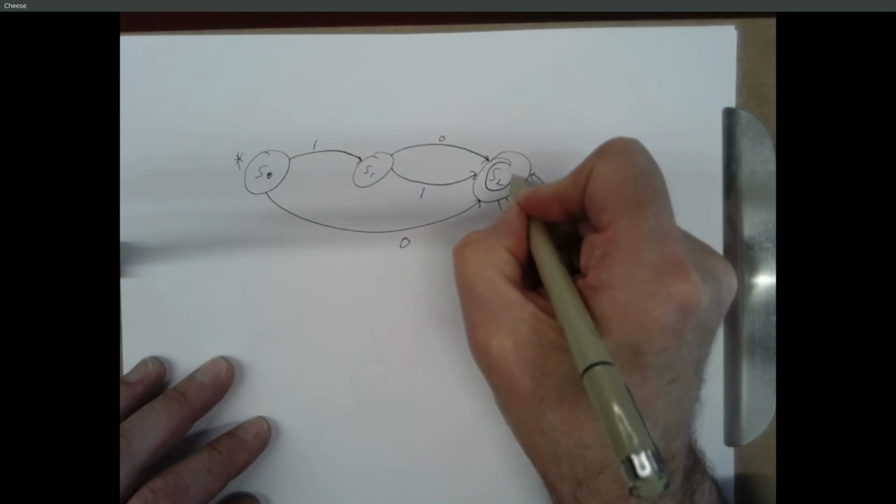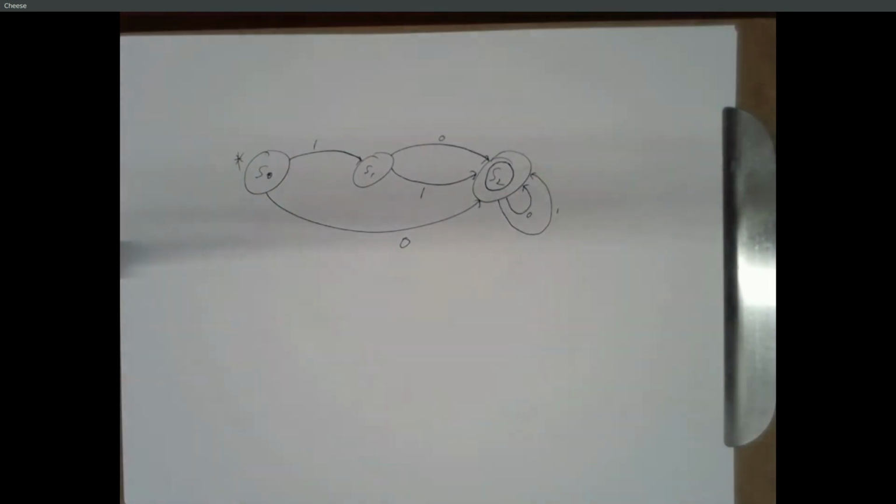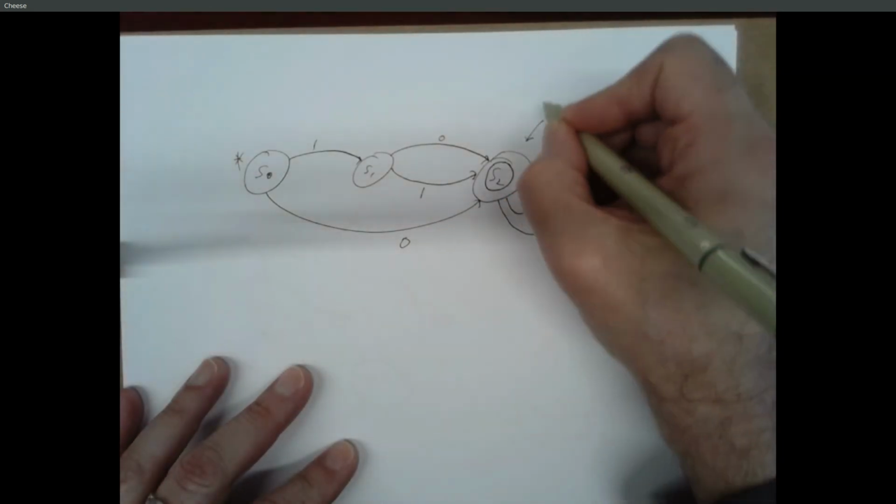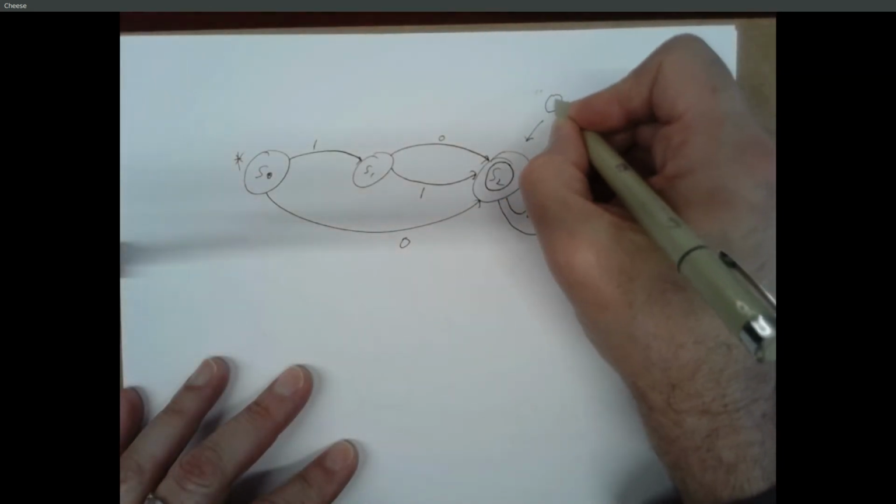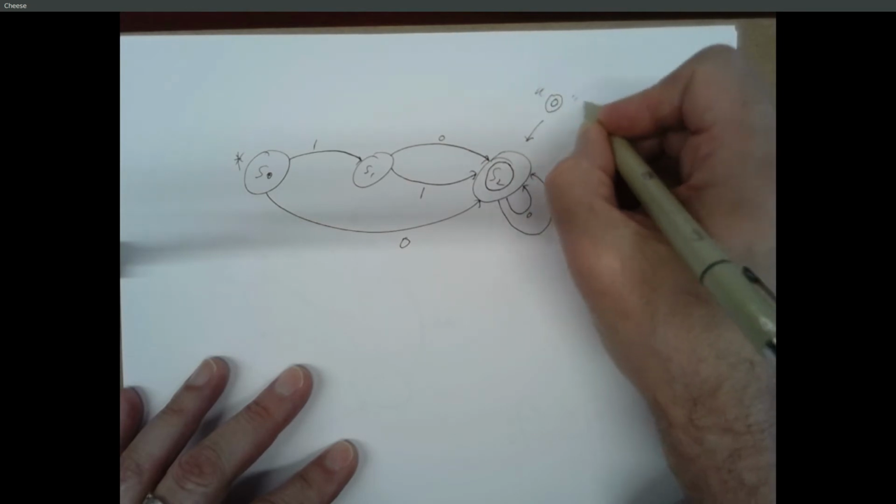And I'm going to draw my state as two concentric circles. And when we do a state like this, that's what we call a recognized state.